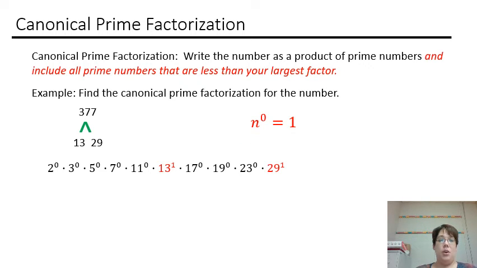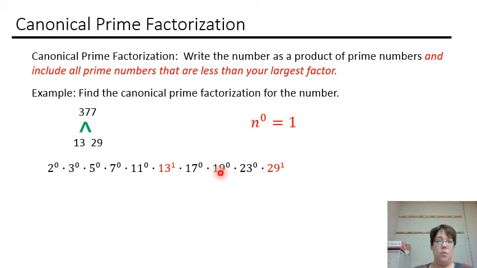Okay, so here is how this works out. I have all of these prime numbers: 2, 3, 5, 7, 11. There's my 13. I need it to be to the first power because that gives me this number right here. Then 17, 19, 23, and then I finally have 29. Now, that is canonical prime factorization.